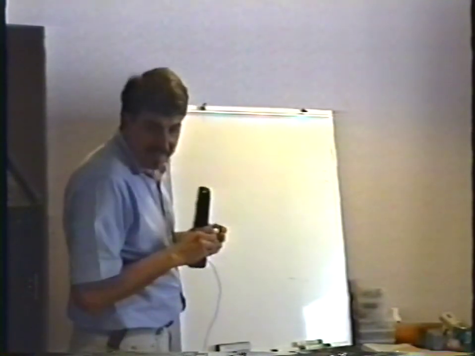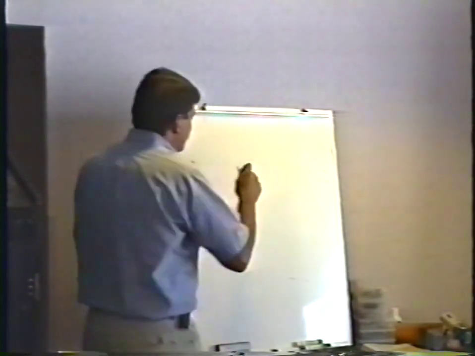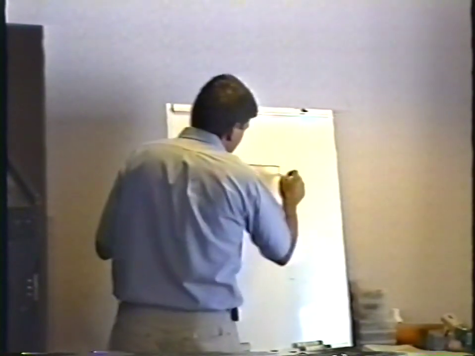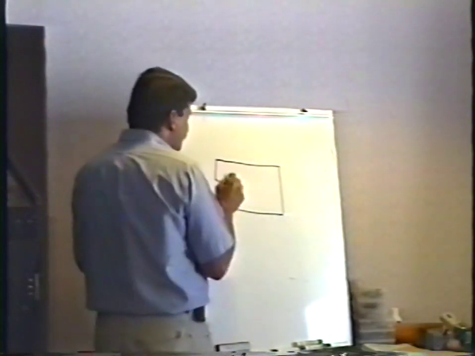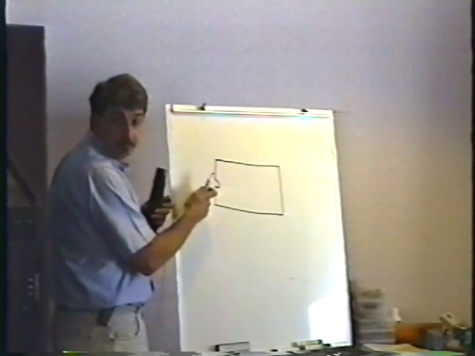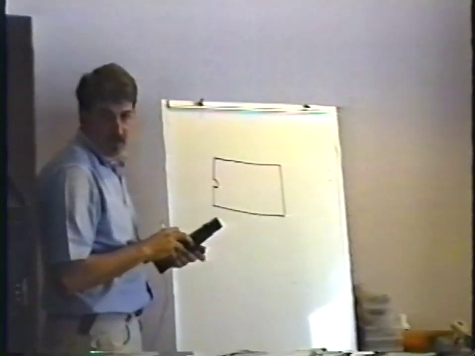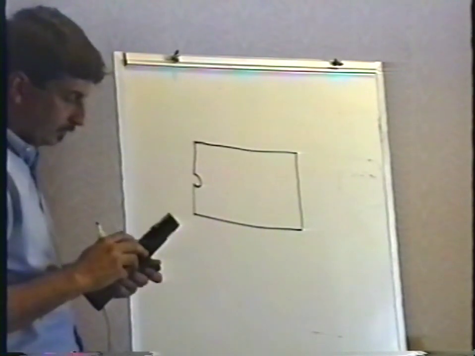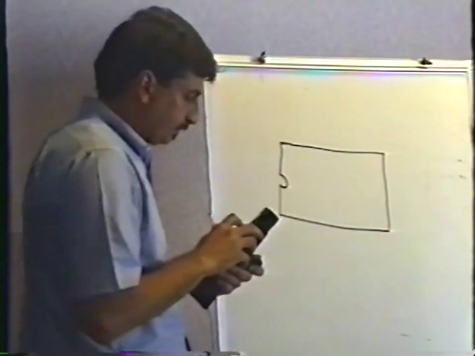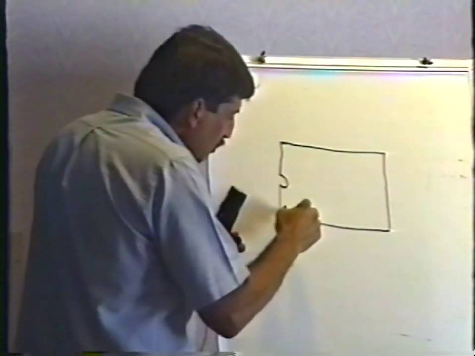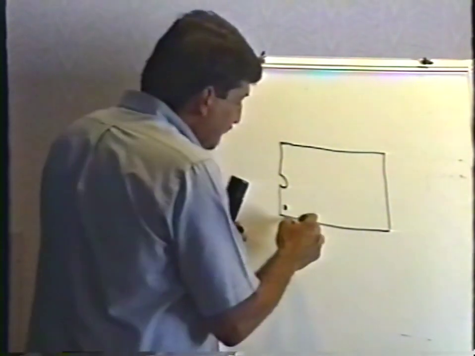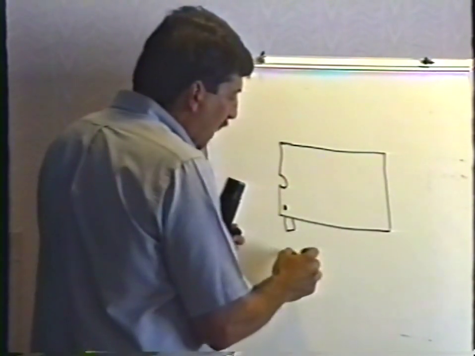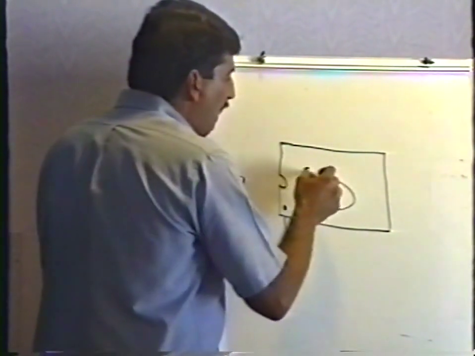When you look at the integrated circuits on a logic board, they look like this. They're not quite this big, but they look kind of like this. You'll see a notch at one end of the integrated circuits, or you will see a dot in one corner like that. And this denotes this as pin number 1, and the pins are numbered counterclockwise.